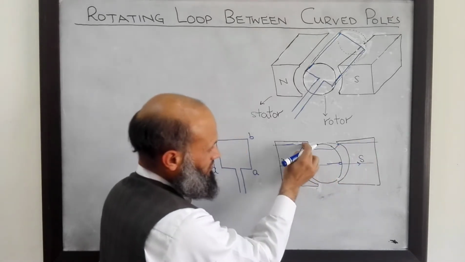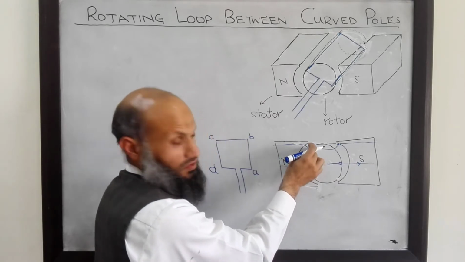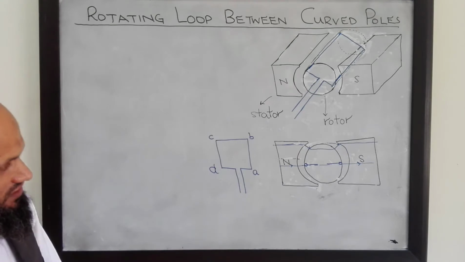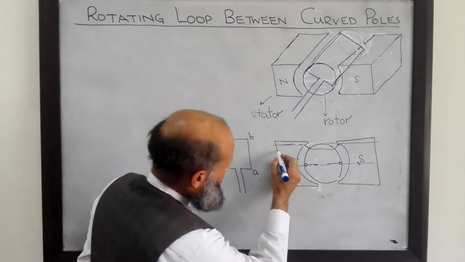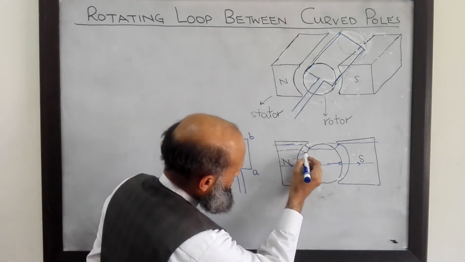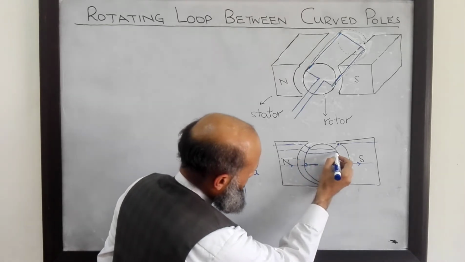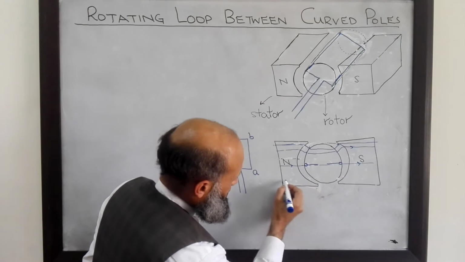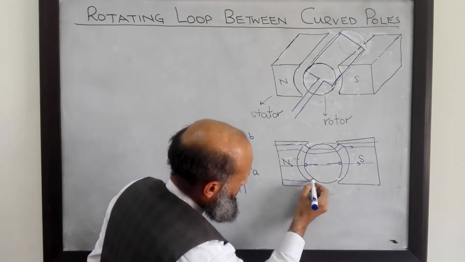This one is the shortest path. That is the perpendicular distance from this curved pole to the curved surface of the rotor. That is the shortest path. Similarly, the flux lines over here will follow this path, and flux lines flowing from here will follow this path.